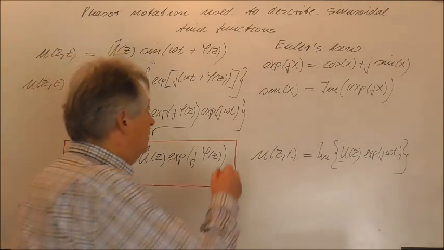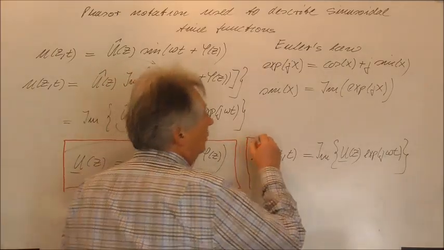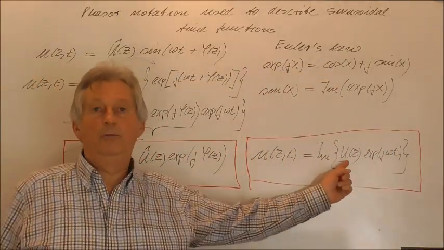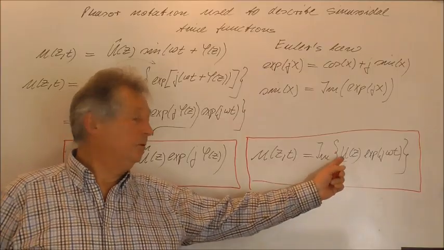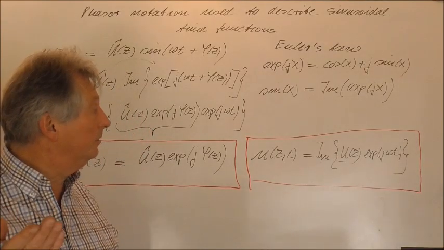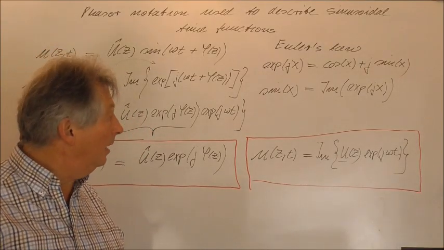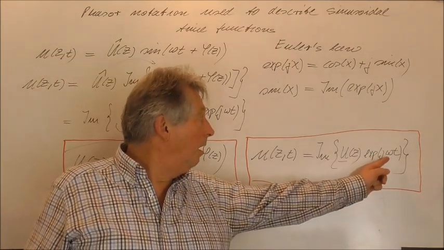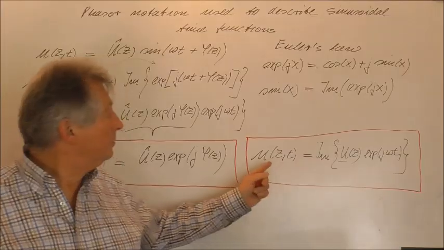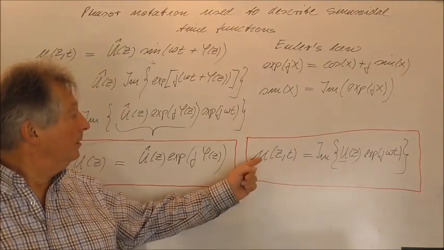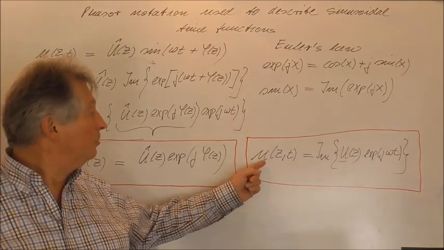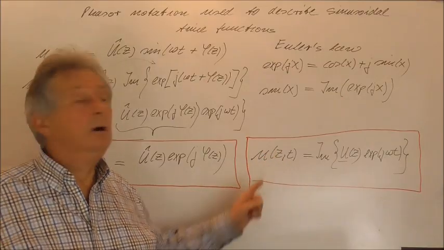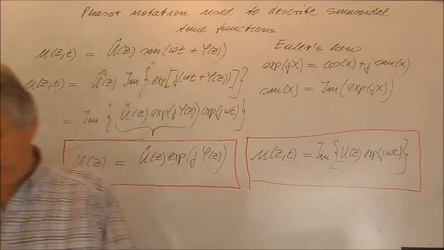And we can use this equation to switch back from our complex valued function. In the complex valued function you don't see any time dependence anymore, so you must remember what frequency you are considering, and then you can switch back to our sinusoidal function, which is a function not only of the time but also of the z coordinate.